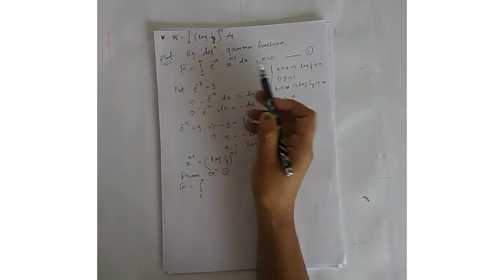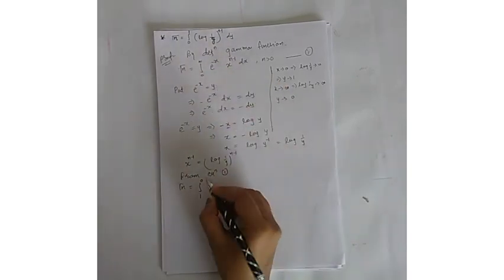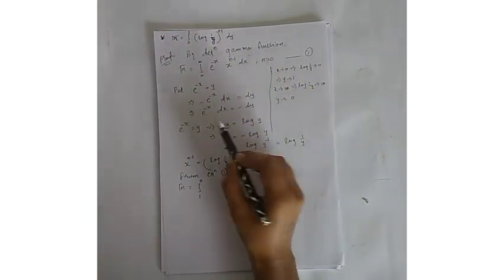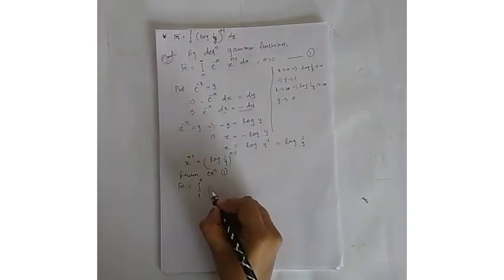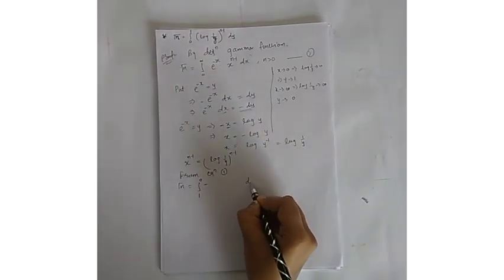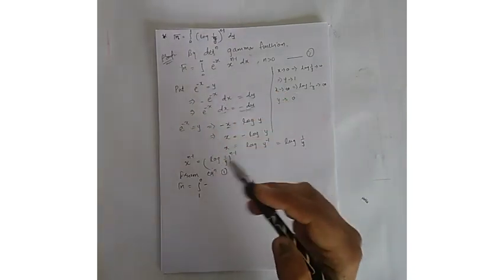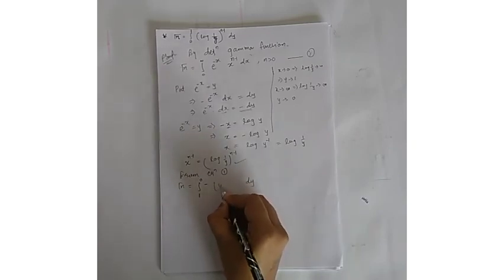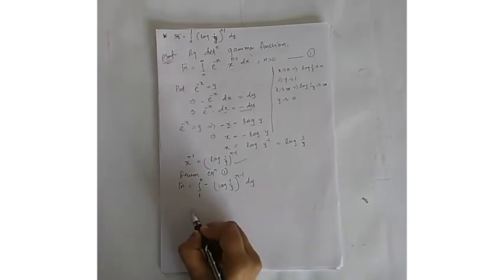So e raised to minus x dx will give minus dy. So minus dy, and the value of x raised to n minus 1 is log 1 upon y all to the power n minus 1.